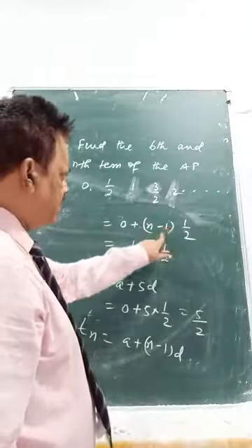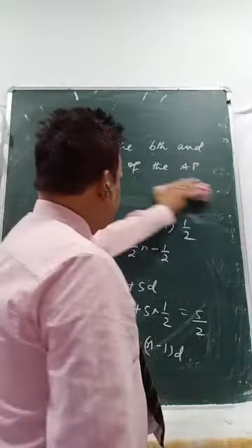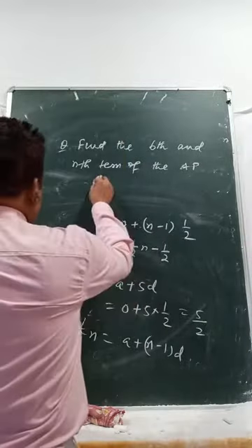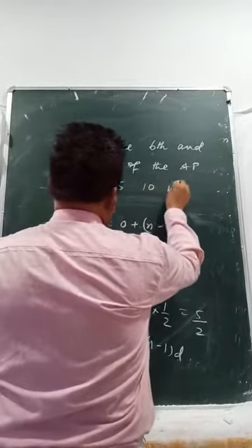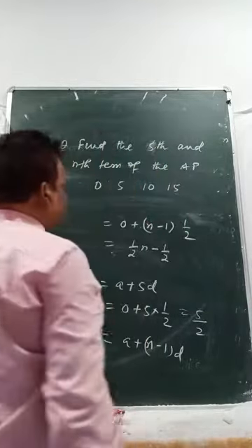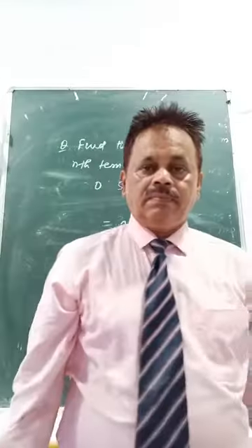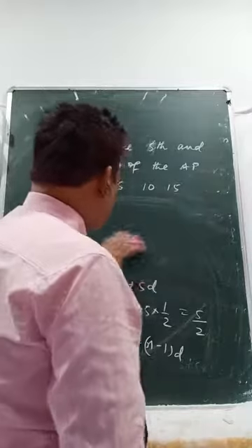Half n minus half. Okay? You can try a question there: 0, 5, 10, 15, 5th term and nth term.